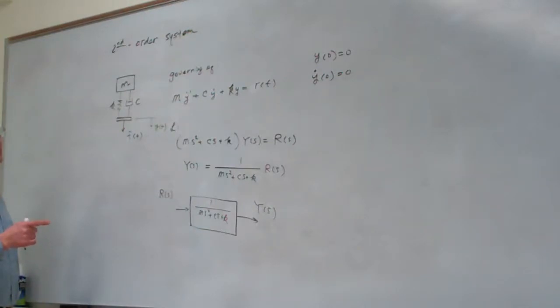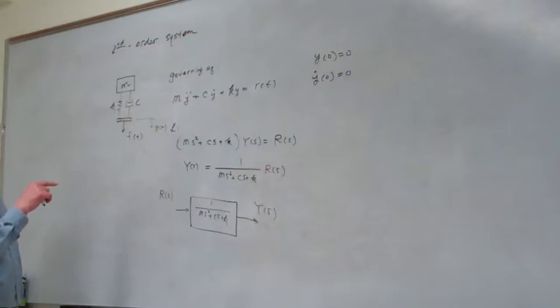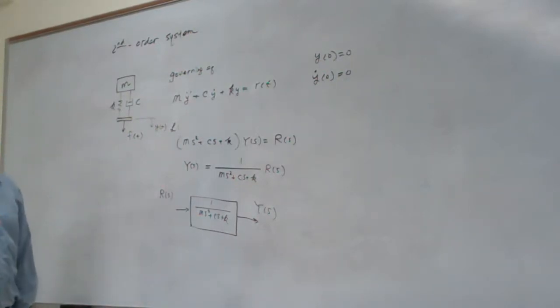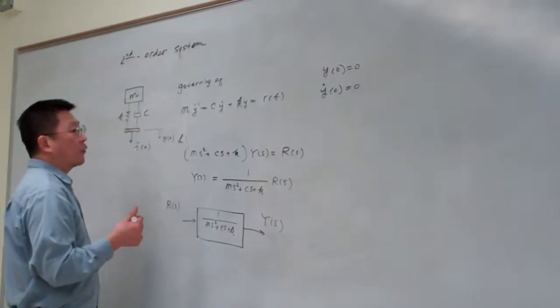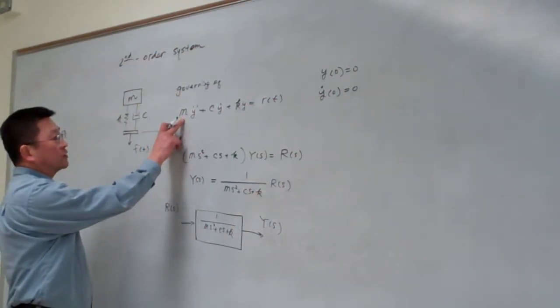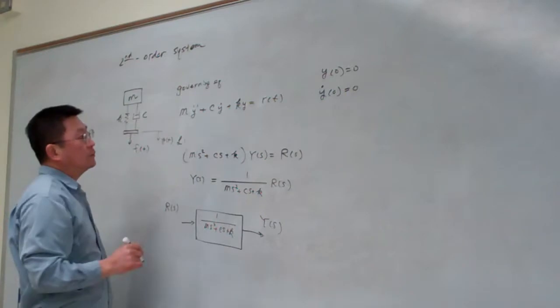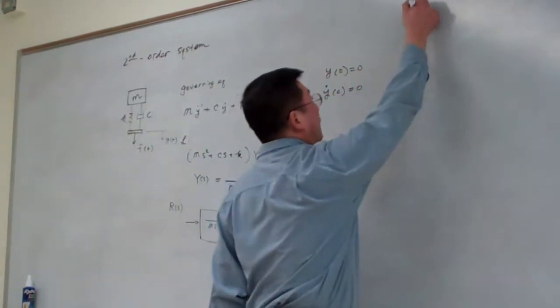And sometimes people like to write this governing equation in a different but equivalent format. And what is the format? Basically here we simply divide everything by m.